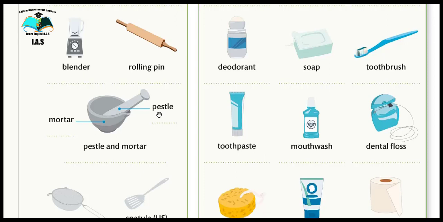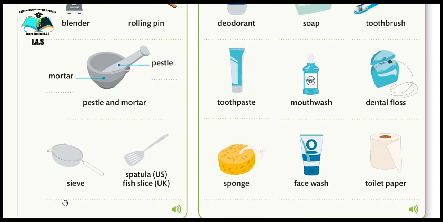Pestle and mortar. Sieve, or this is a spatula. You can call it in US word, or spatula is a US word and fish slice is a UK word.